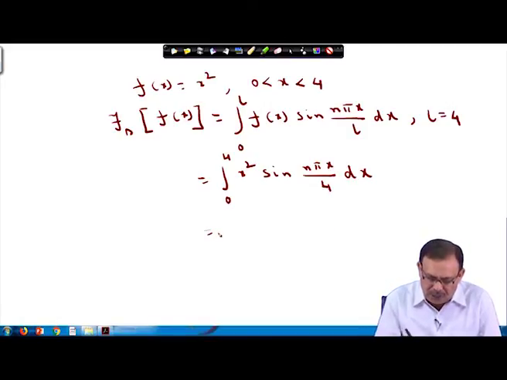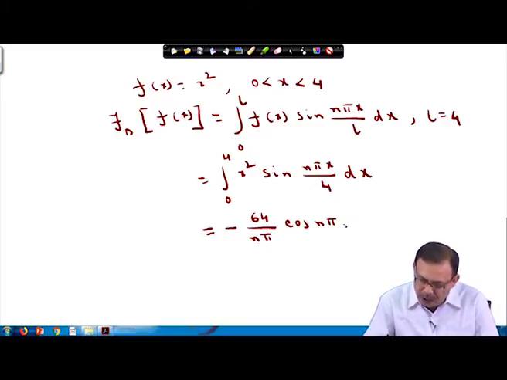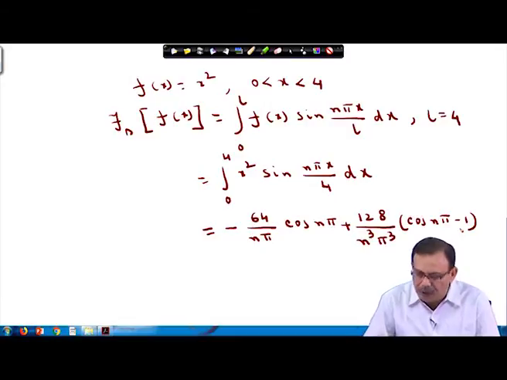So, the result I am directly writing as minus 64 by n pi into cos of n pi, plus 128 by n cube pi cube into cos of n pi minus 1. This will be the result.